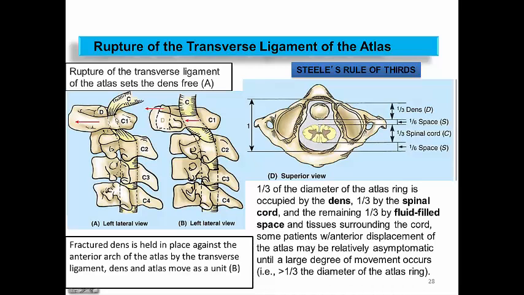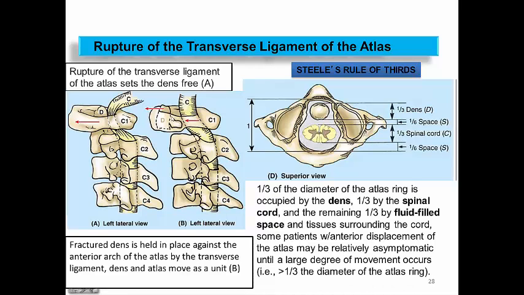In an extreme case, if you have a look at this image here from the left lateral aspect, you can see that with a ruptured transverse ligament of the atlas, you set free the atlas and the dens, and so you can slide backwards, slide posteriorly, and compress the spinal cord between the posterior arch of C1 and the dens.